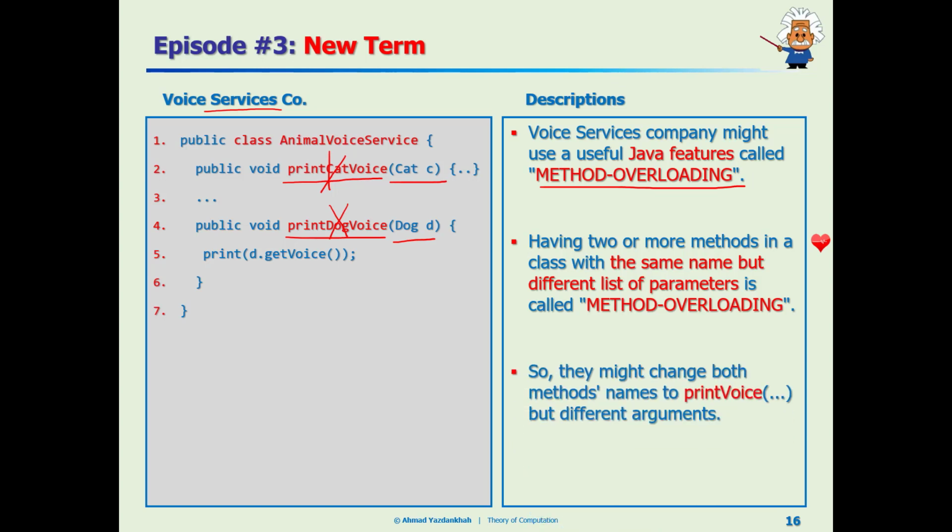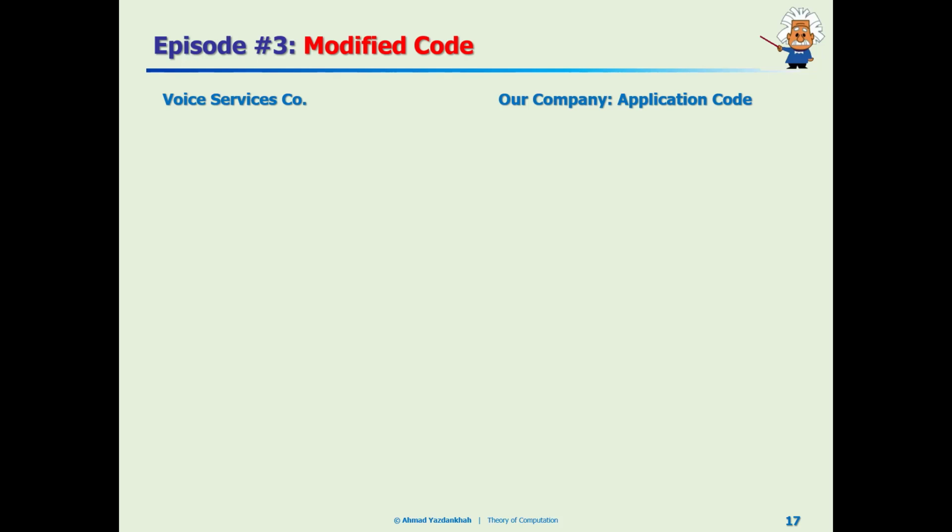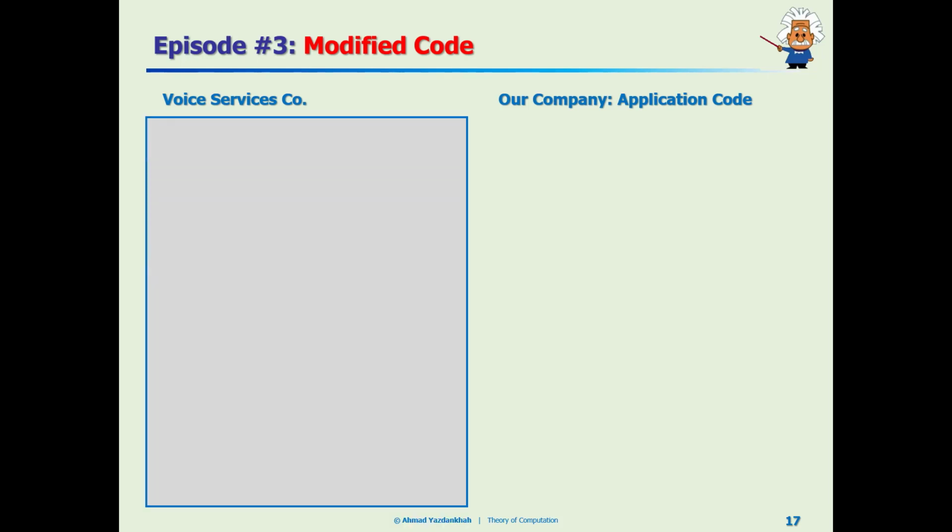All right. Okay, now let's see what we got here. We would need to change their code and our code as well. So the voice services company, animal voice service, right?